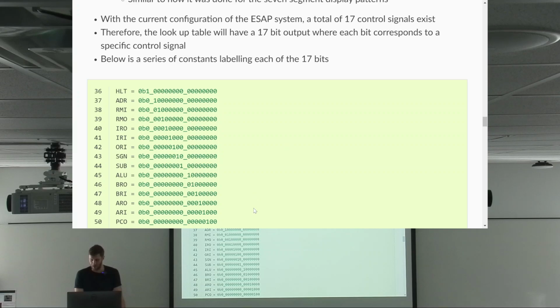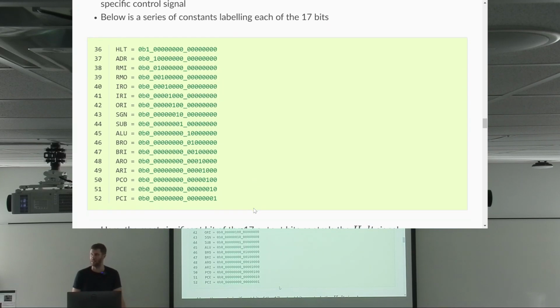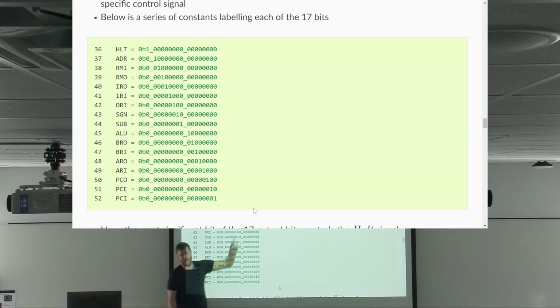Below is a series of constants labeling each of the 17 bits. You might say, how is this labeling the bits? Well, by the way, you can use underscores in numbers to visually separate groupings of things. Here, a group of 8, and then 8, and then 1, because 8, 8, 1 is 17, right?